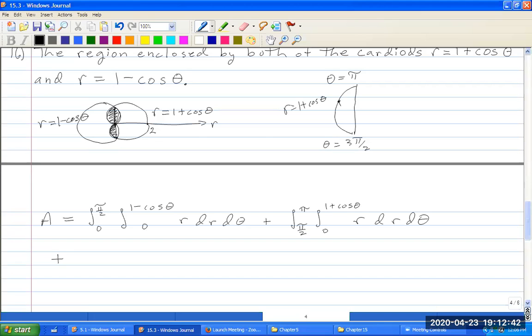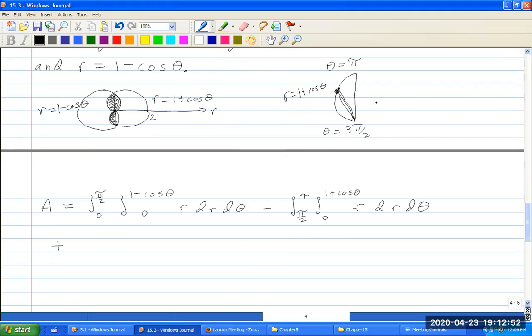And so this sweeps out the whole little slice. And so this goes from theta equaling pi to 3 pi over 2. By the way, by symmetry, you could actually have just done half of this and then doubled it.